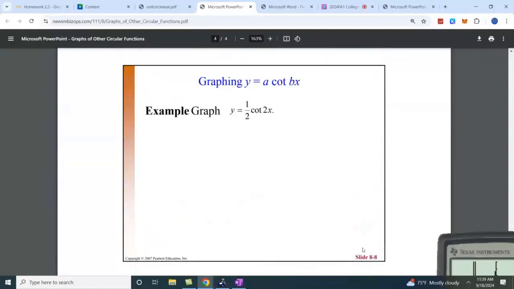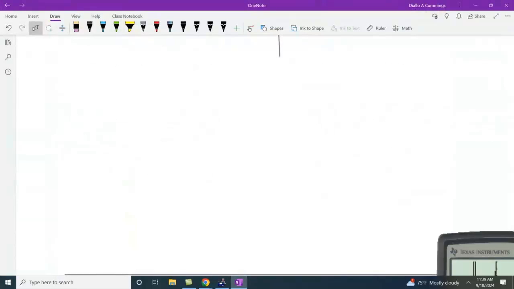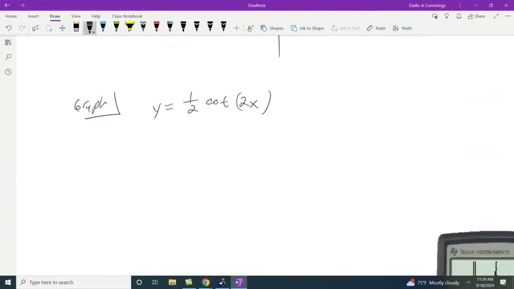Okay. All right, so just knowing that, let's take a look at this last function. We're asked to graph 1/2 cotangent 2x. Y is equal to 1/2 times the cotangent of 2x. So here I'm going to just put my argument in a set of parentheses.